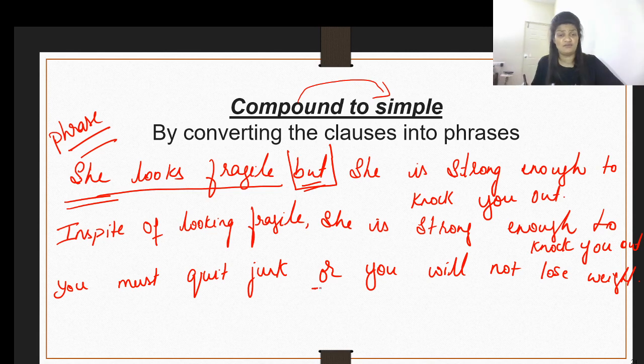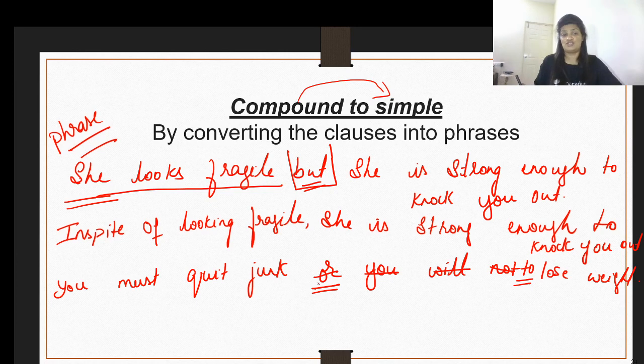So now you have your conjunction "or", and you will have to convert this into a simple statement with no other clause. What you can do is eliminate "or", eliminate the subject, eliminate the finite verb, and eliminate the negative word as well, and introduce an infinitive by adding the preposition "to".